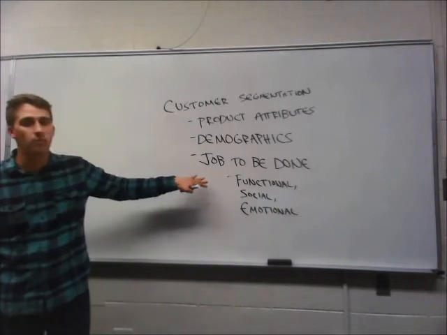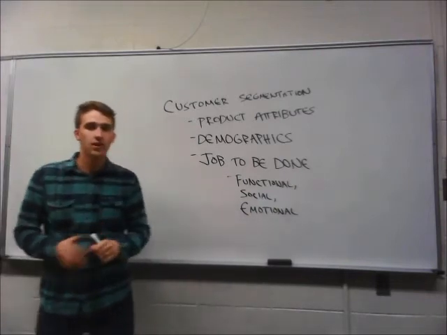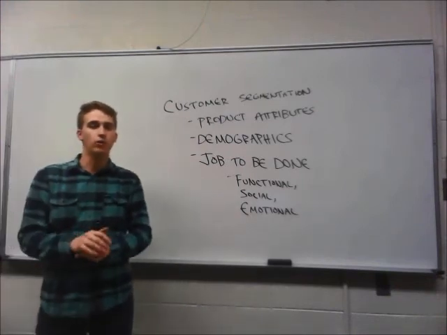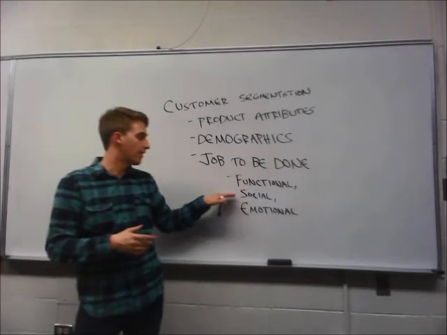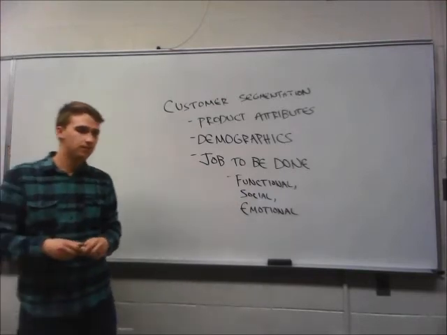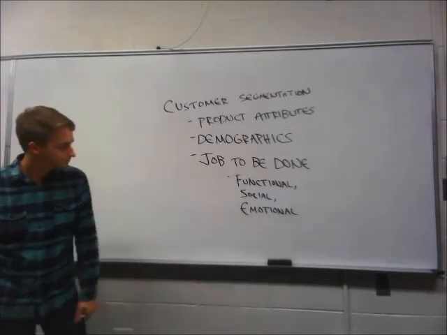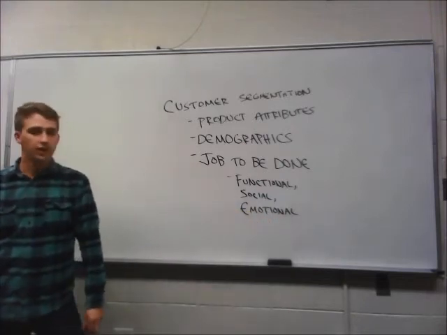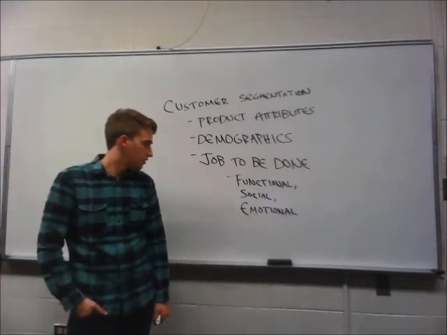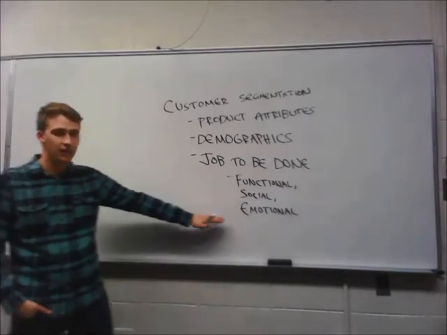People who buy it for social reasons maybe want a car that looks cool or that people know is expensive, so that they can have the social benefits of the product. And then emotional, I don't know, if you get emotionally attached to a car or something. You can kind of see the difference between the three without me thinking of a good example for emotional.